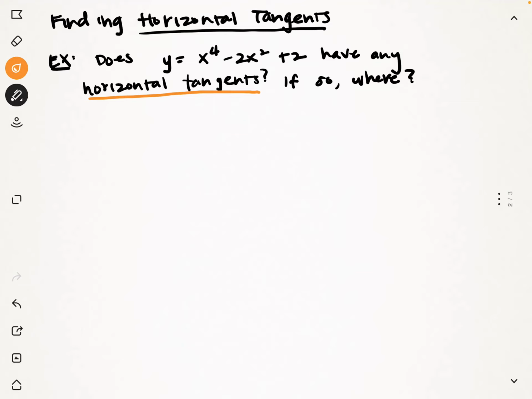So anytime our slope equals 0, then we have a horizontal tangent. Okay, so we could graph this. One way we could do this is we could graph it. Okay, so let's do that now.